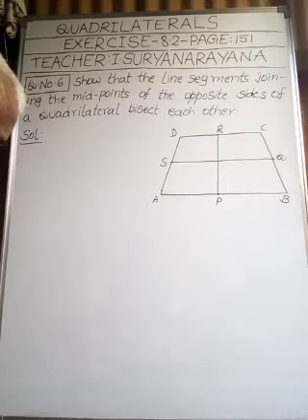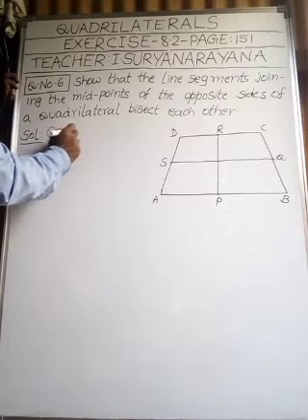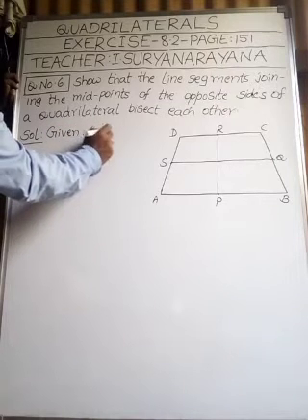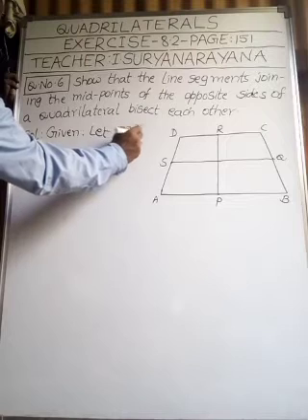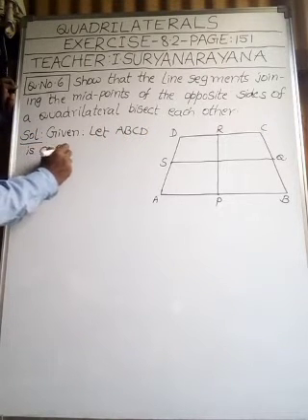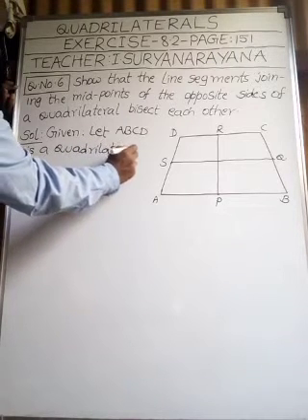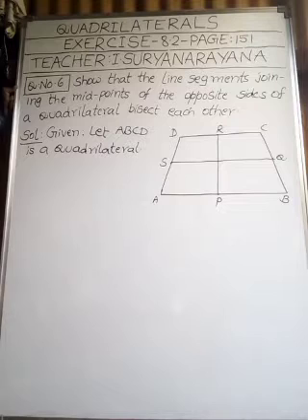Now, first of all, let us write the given data. Given, let ABCD be a quadrilateral.